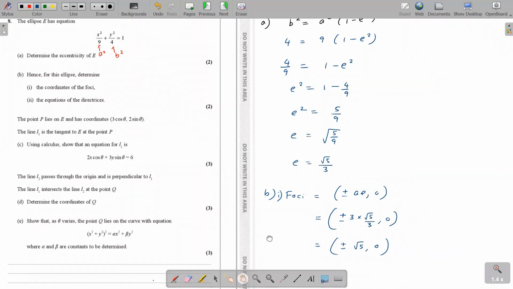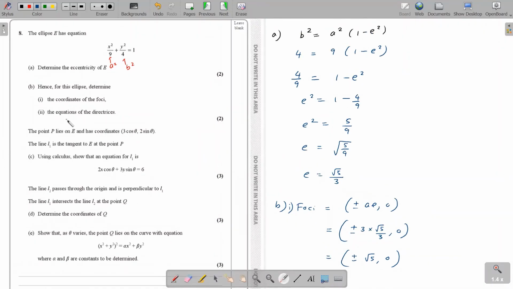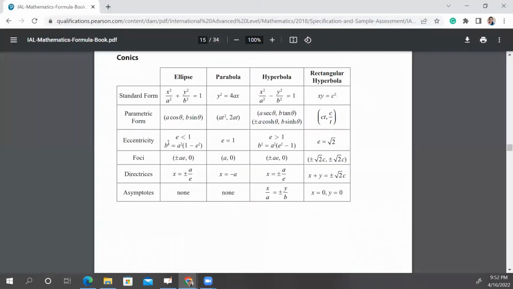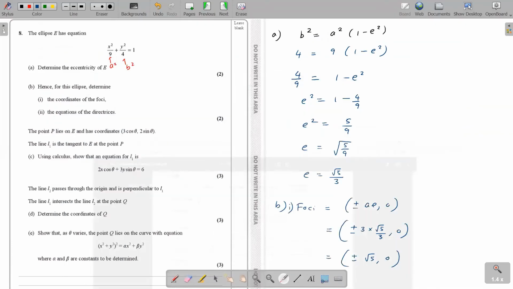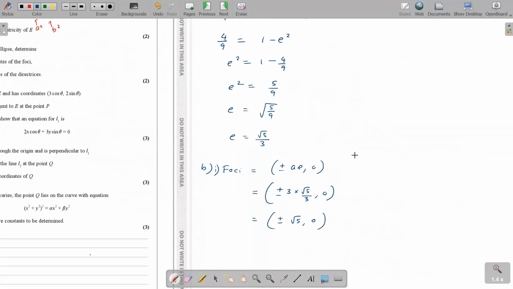Okay, and then the next part is the equations of the directrices. The equation of the directrices is given to you as x equals plus or minus a over e. Can you see? x equals plus or minus a over e.